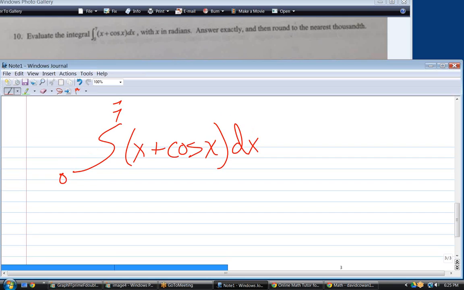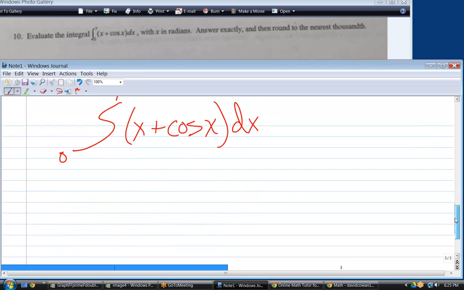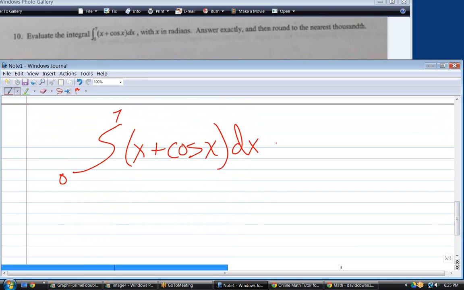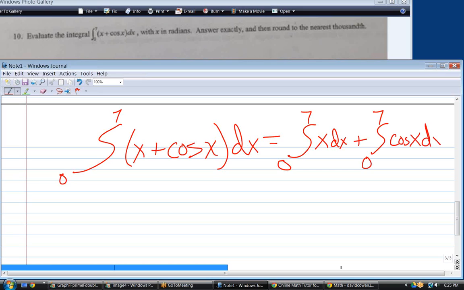The sum of the integrals. Right. So I can turn this into the integral of x dx from 0 to 7 plus the integral from 0 to 7 of cosine of x dx. And now it's relatively easy to do. And this principle is actually extremely important in calculus.